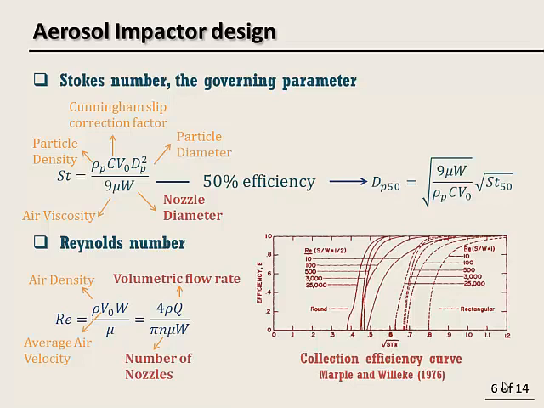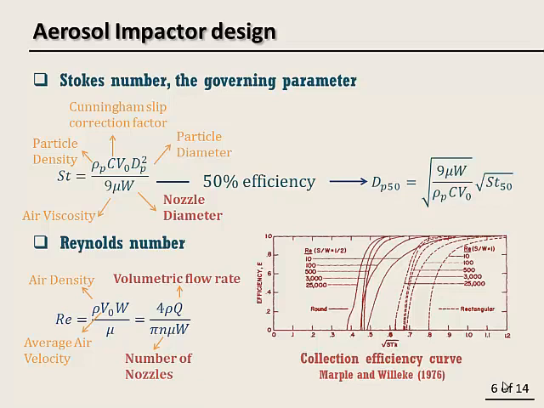To design inertial impactors, we use a collection efficiency curve, and this curve shows that a Reynolds number between 500 and 3000 will give us the sharpest efficiency curve, which is best for designing for the particle sizes.